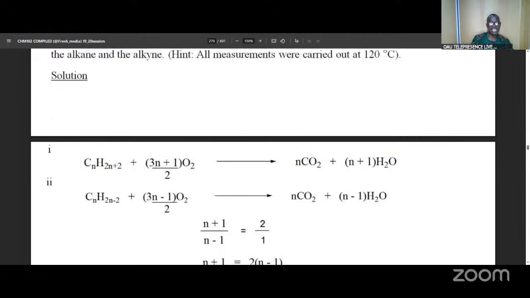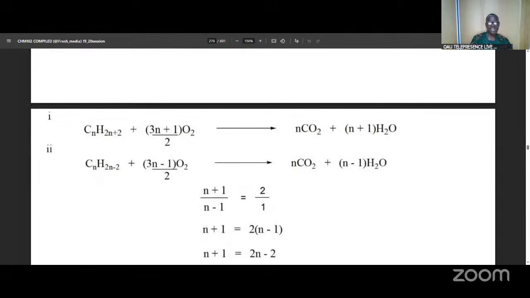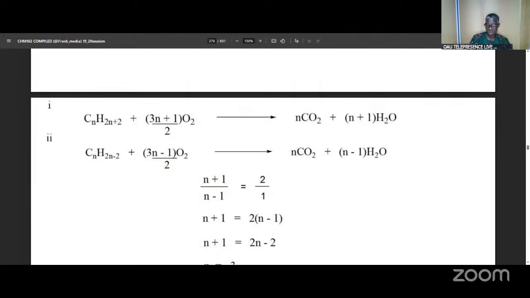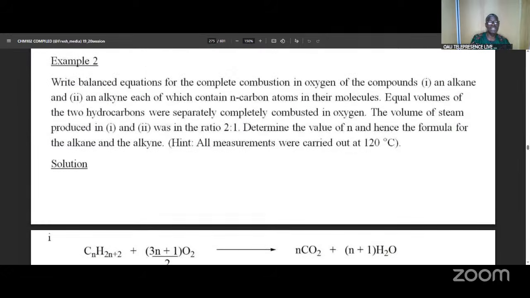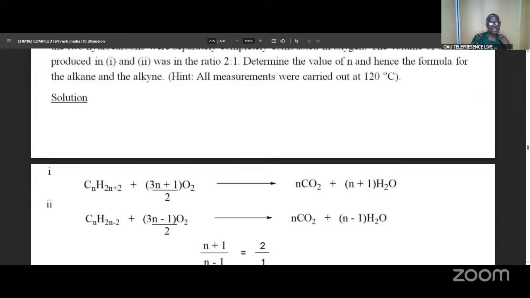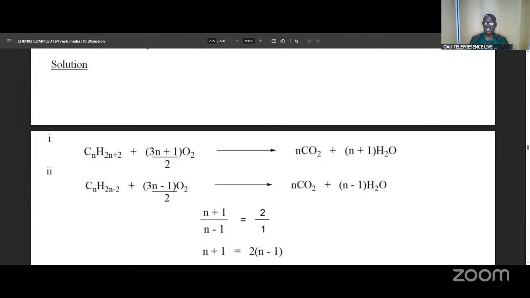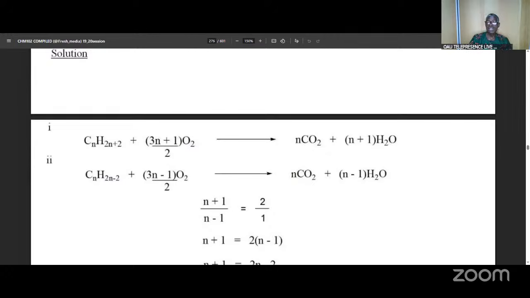Now, since we are to determine the value of n, by which the molecular formula of the alkane and the alkyne will also be obtained, and we are given the ratio of the alkane to the alkyne, which is 2 to 1, we can easily use the mole ratio of the water produced. n plus 1 moles of water is produced for the alkane, n minus 1 moles of water is produced for the alkyne, and this is equal to the ratio 2 to 1.